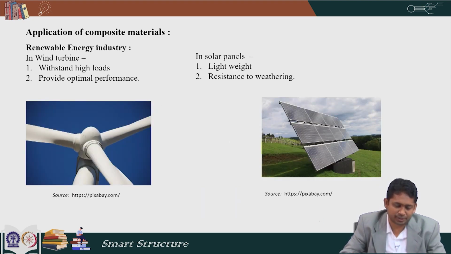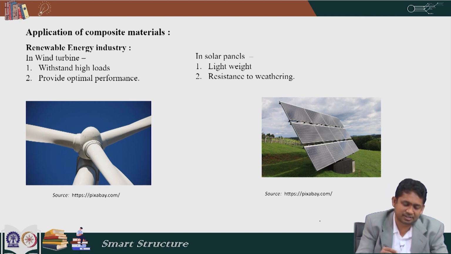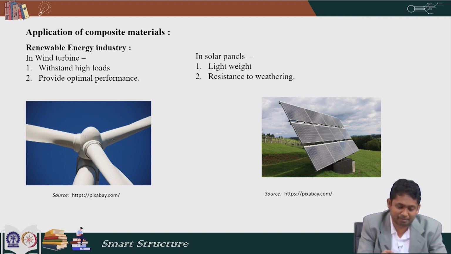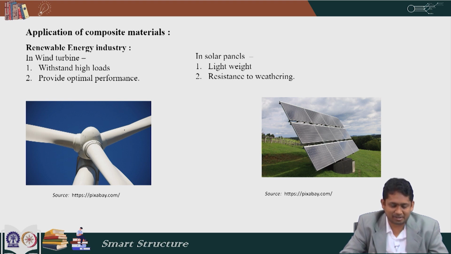If we go to the renewable energy sector, wind turbine blades are made of composite because it can withstand high loads and provide optimal performance. The modern day wind turbines are becoming larger and larger, even there are wind turbines of radius around 90 meter or so.